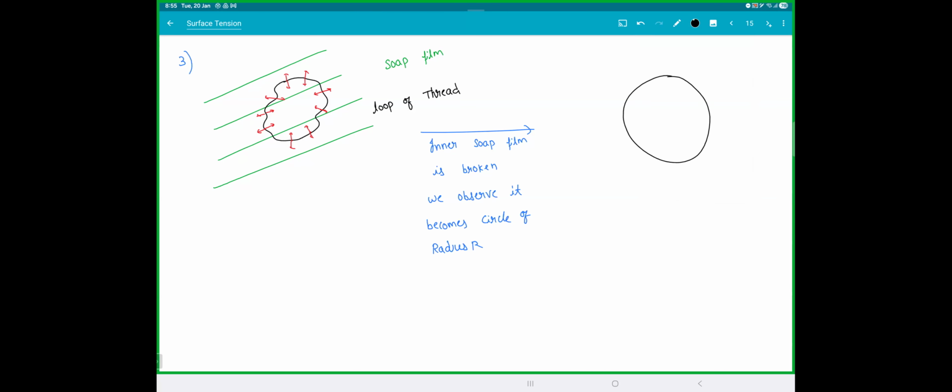So this becomes a circle. Again, simple reason, because the surface tension is pulling it outside. And the radius of the circle is r. Find the tension in the string.